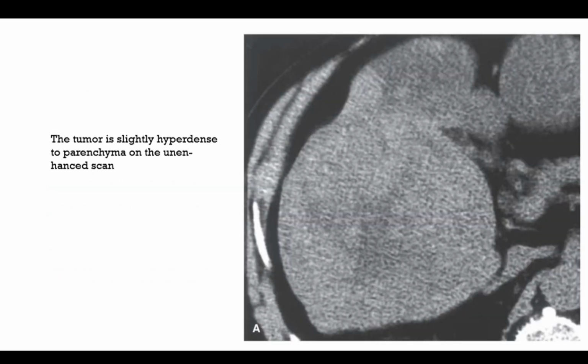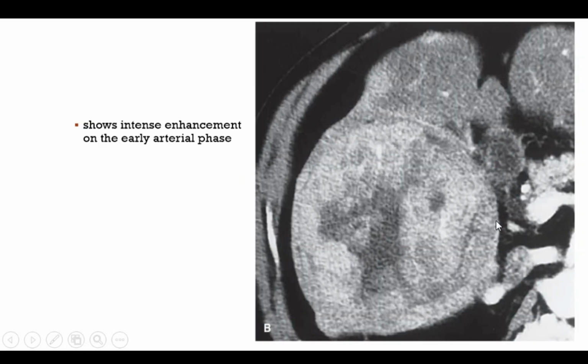Next slide, please. We can see this is the lesion. It's slightly hyperdense compared to the rest of the liver. On the arterial phase of enhancement, we can see it shows enhancement.